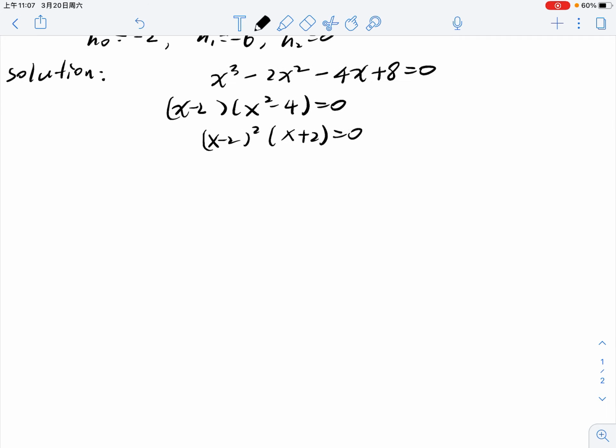From previous study, we know there are two special solutions, 2 to the nth power and -2 to the nth power.